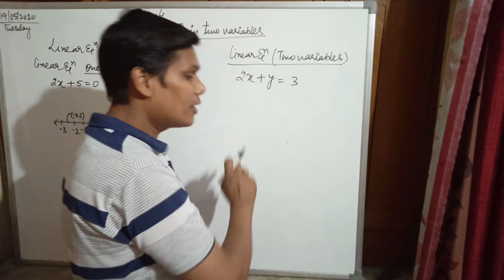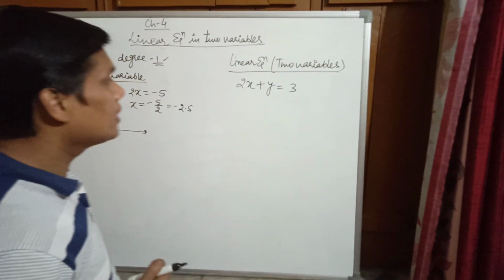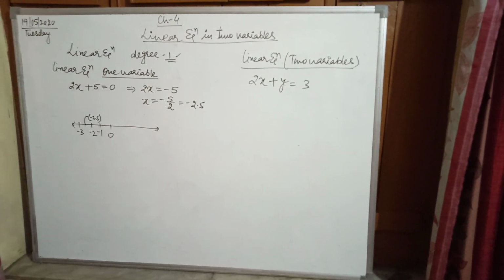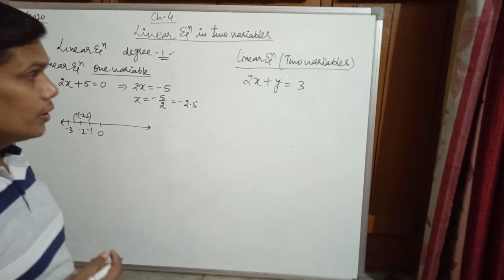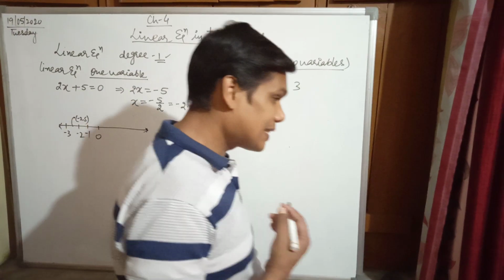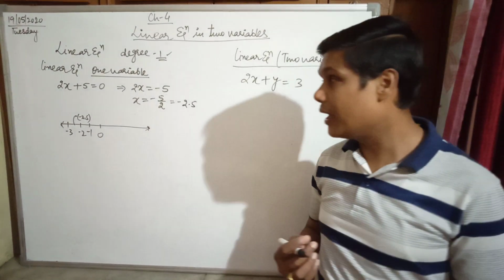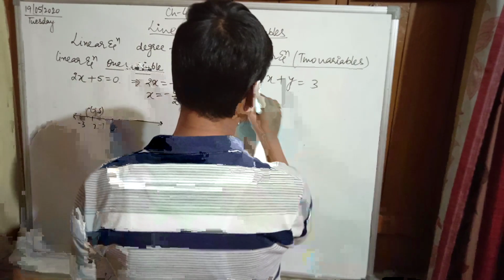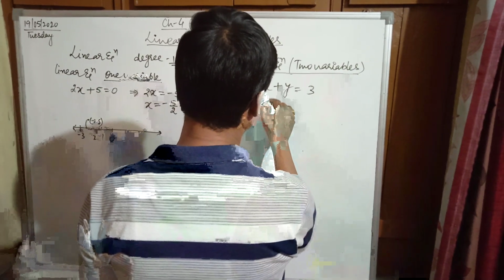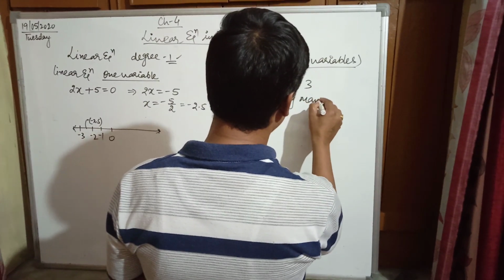Variables x and y are the variables and both have degree 1, so this is a linear equation with two variables. Now how many solutions can we get from this equation? Because this is a single equation, we will get infinitely many solutions from this one.